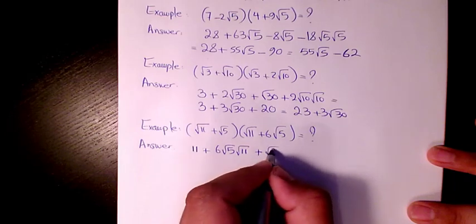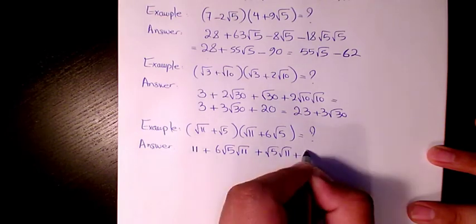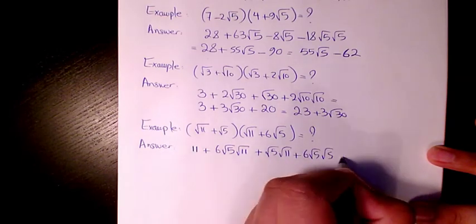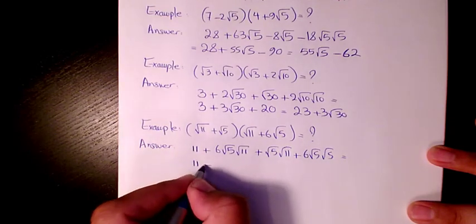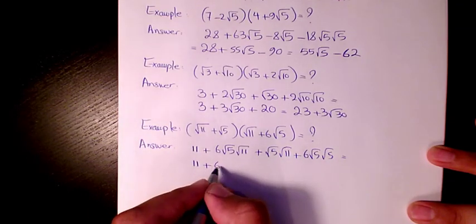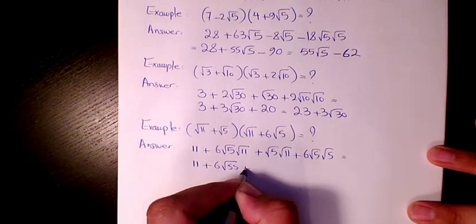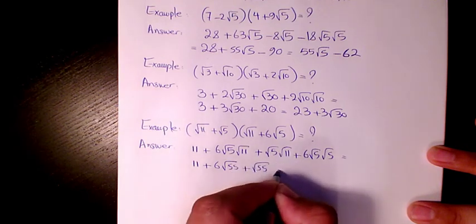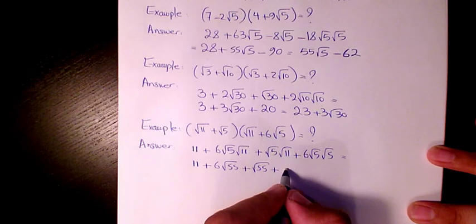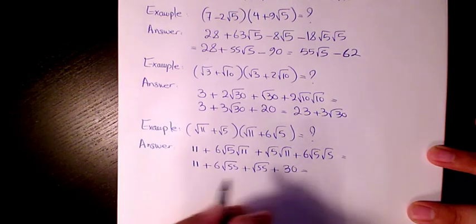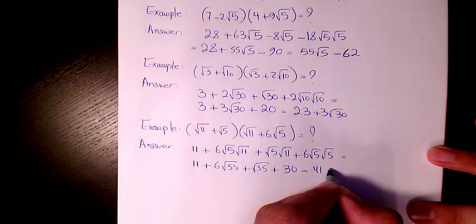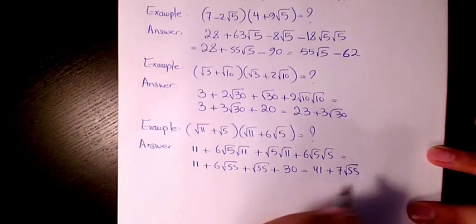And then root 5 times root 11 is root 55, plus 6 root 5 times root 5. Then it's going to be 11 plus 6 root 55 plus root 55 plus 6 times 5, which is 30. So that makes it 41 plus 7 root 55.